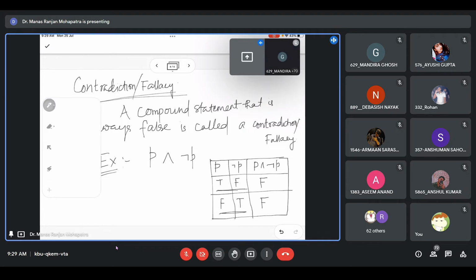Now if you look at the truth values of the last column, the conjunction of P and negation of P, it is always false, irrespective of the truth value of P. Hence, you can say the statement P and negation of P is a contradiction.